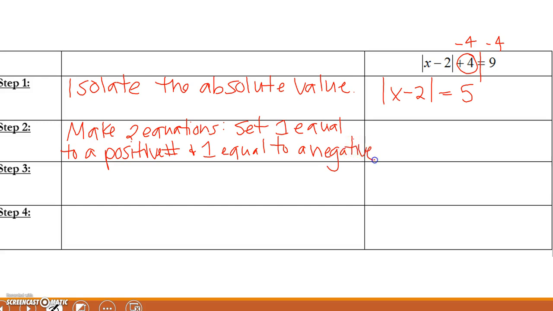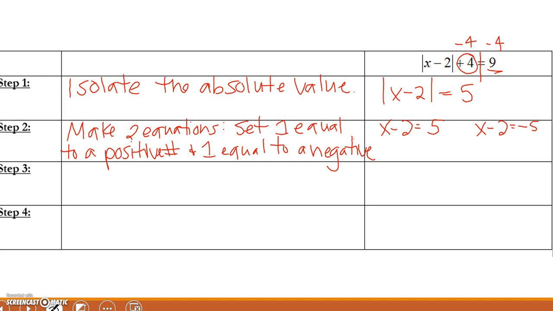So what that means is I take the x minus 2 that's inside of the two bars, and I make two equations. And what I set it equal to is that positive 5 and the negative 5. Notice I said equal to 5 and -5, not 9 and -9.